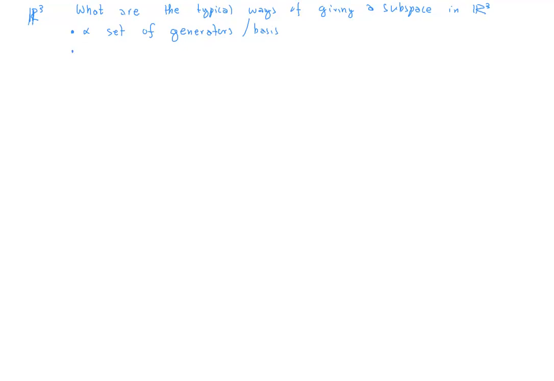There's another standard way to give a subspace, which has to do more with more tangible objects than the abstract theory of vector spaces.